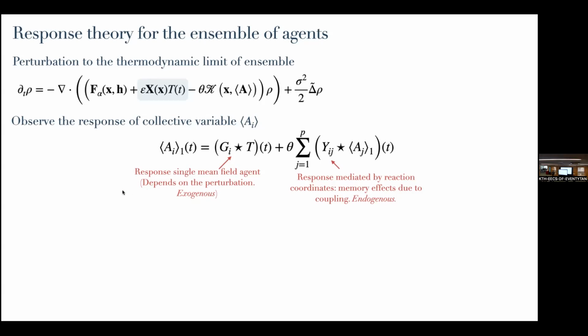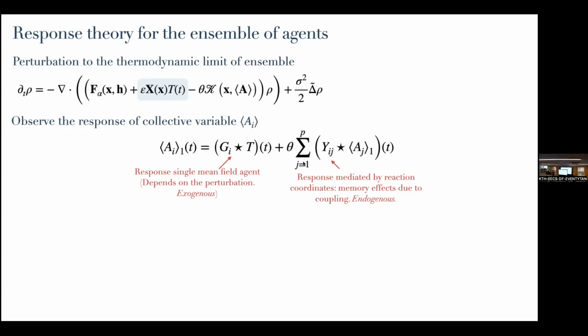And of course, this depends on the perturbation, on how the perturbation looks like, and we can attribute this to exogenous processes, so something that depends on the properties of the input that we're applying.